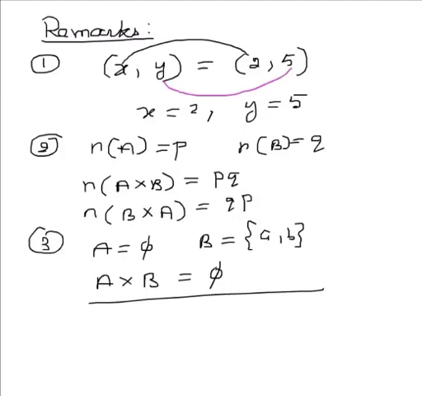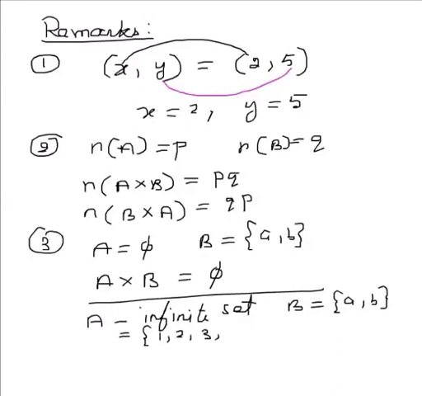What happens if one of the sets is an infinite set? If A is an infinite set or B is an infinite set. For example, let us consider A as an infinite set and B as a set. Let me take A as 1, 2, 3, etc., the natural number set.